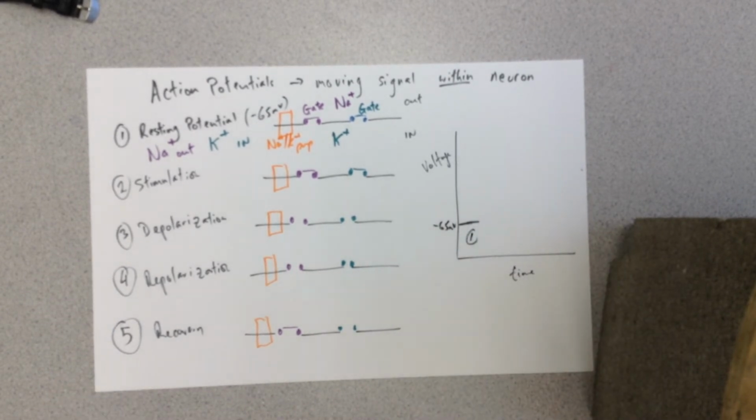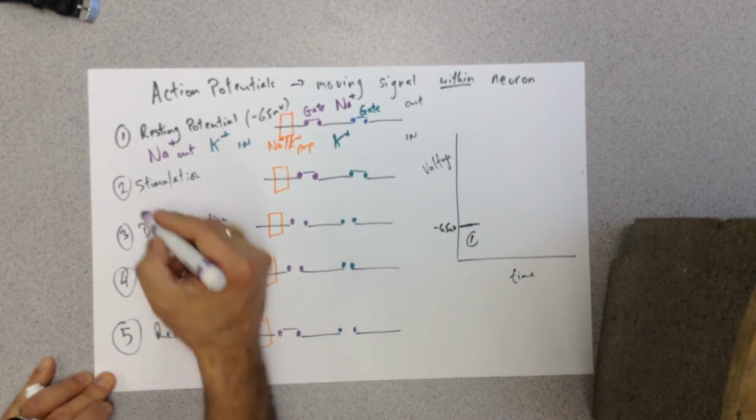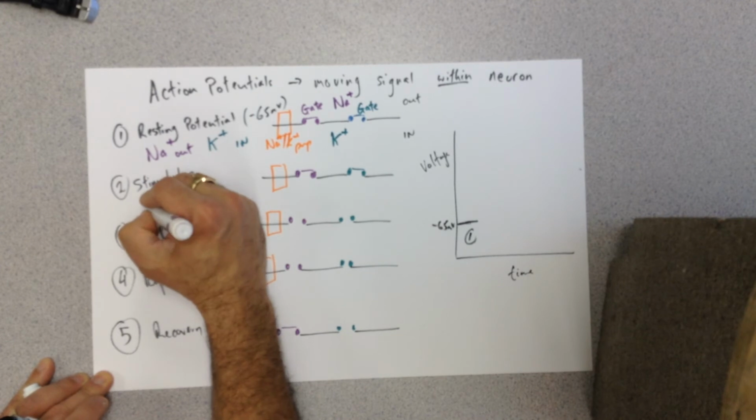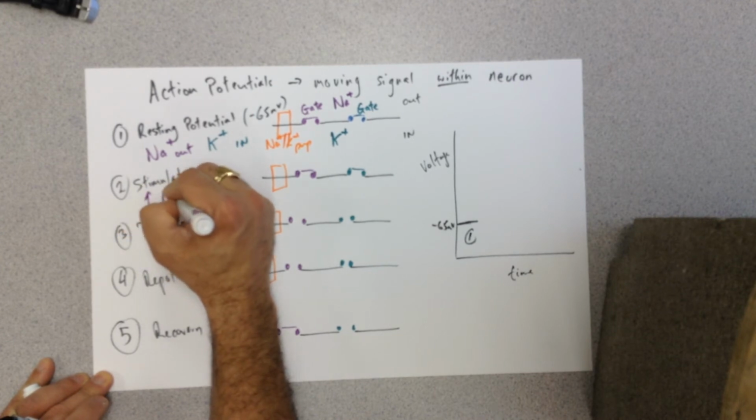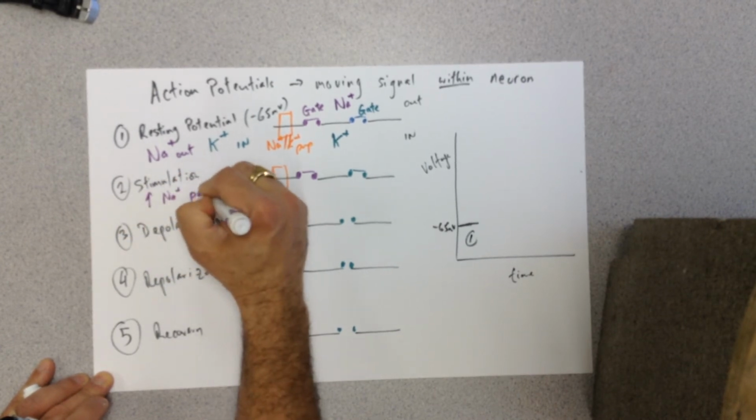The cell is going along at resting potential. That keeps happening until some form of stimulation occurs. It could be electrical, it could be chemical, it could be mechanical. But the big thing that happens with stimulation is that it increases sodium permeability.